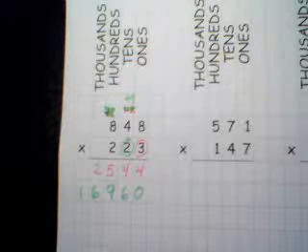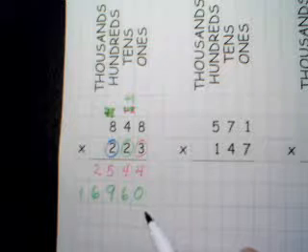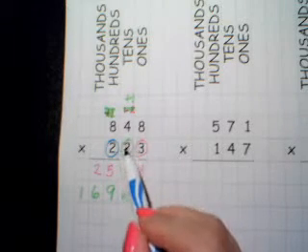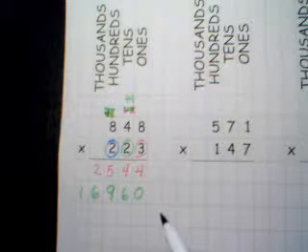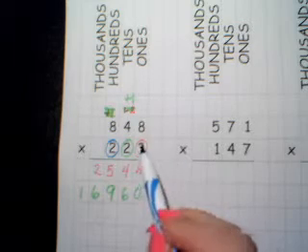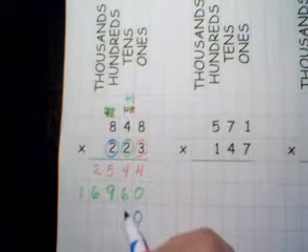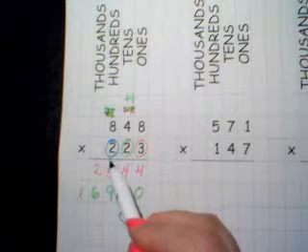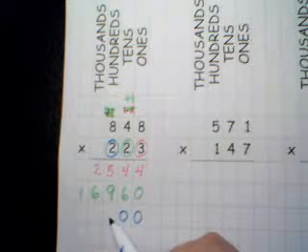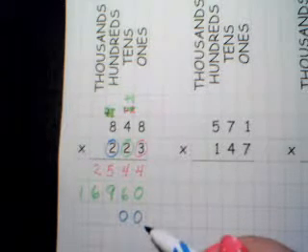Now we're going to move on to our next 2, which is in our hundreds column. Now, we have nothing this time for tens and nothing this time for ones. So again, you have a choice. If you have a 0 here, you can put a 0 here, and you can put a 0 here, okay? Because we're working with this number, and we want to put our first answer in our hundreds column, okay? Again, if you want to leave these 2 blank, that's fine.